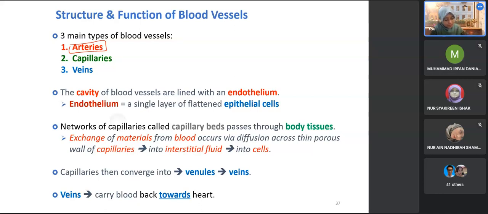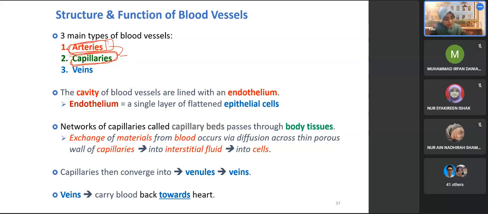Okay. And then from the artery into blood capillaries, where exchange of materials occurs. So the wall of the capillary is really thin. It is only one cell thick. For the arteries, it has a thicker wall because it has to withstand high blood pressure, as it receives blood that just came out of the heart.